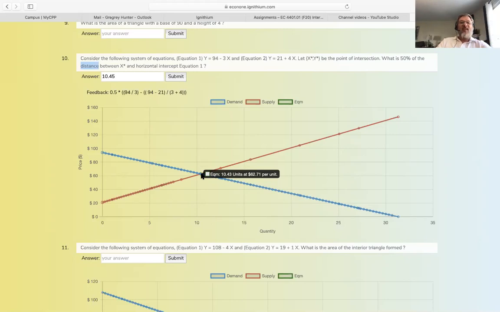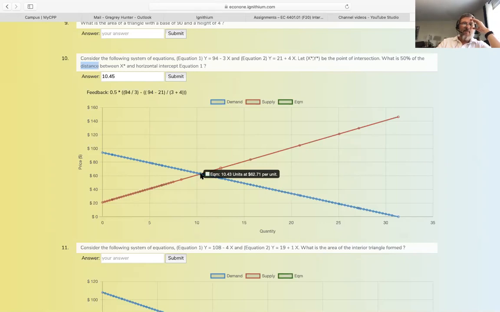Well, because it's given from the diagram. We could talk more about the algebra of it, but you don't have to know the algebra. You should just be able to read off the intersection point, which is labeled EQM, from the diagram. Does that make sense?